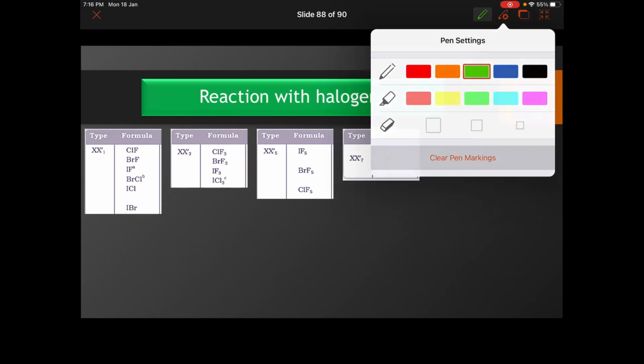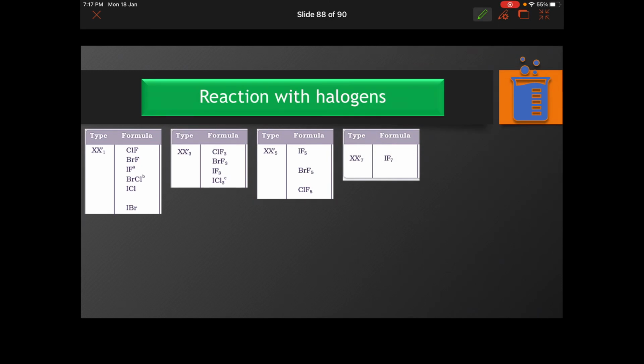But what will be asked from this part, that is very important. So let's quickly write down some points of interhalogen compounds, because these are going to be asked, right? First of all, they will be asking you the structure, right?